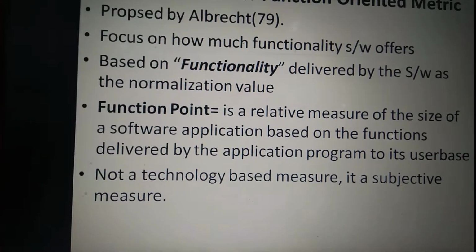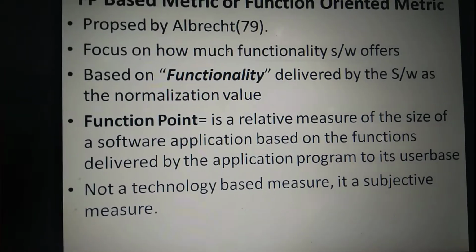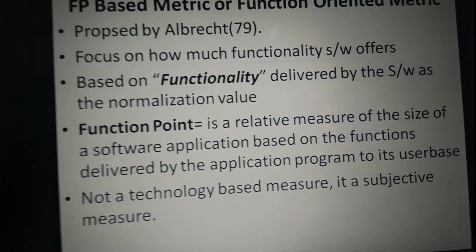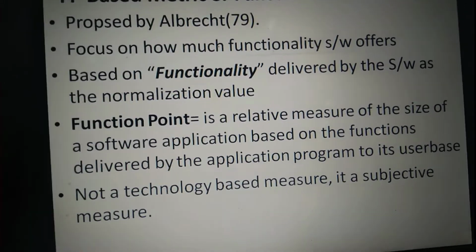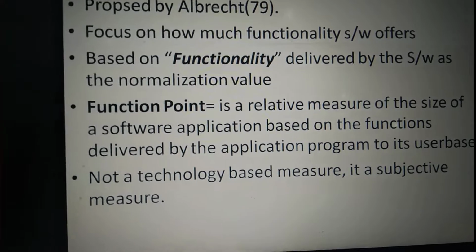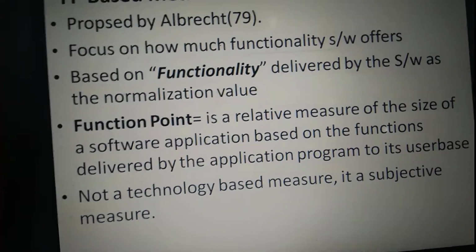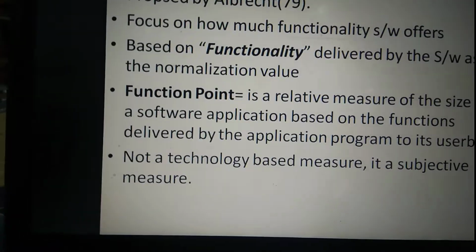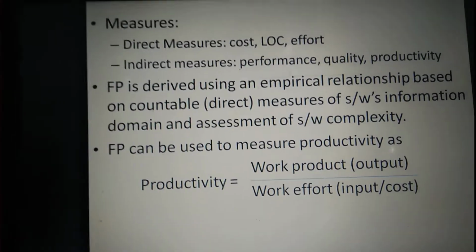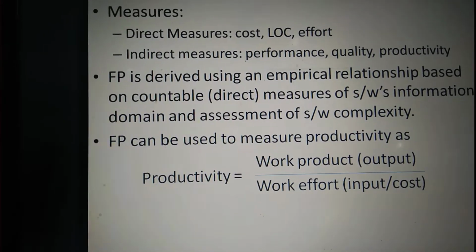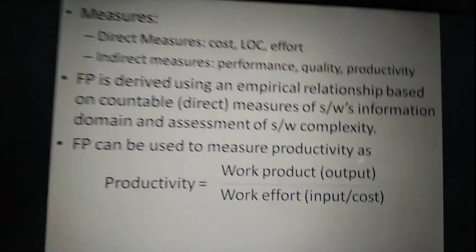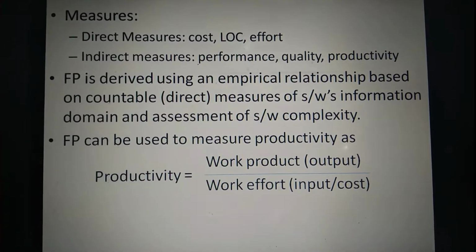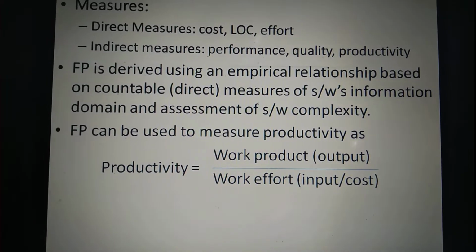Function point analysis quantifies the software requirements into 5 different categories of information domain. That is inputs, outputs, inquiries, the total number of internal files, and the total number of external files. For the calculation of function point analysis, we use direct measures as well as indirect measures.